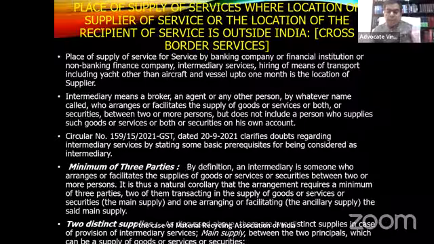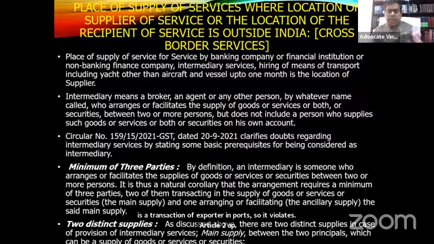It was argued by the petitioner that it goes against the constitutional principle of Article 286, which says that no law of a state can impose tax when the supply takes place outside the state or in the course of the import or export of goods or services out of the territory of India. So it was argued that since it is a transaction of export or import, it violates Article 286.